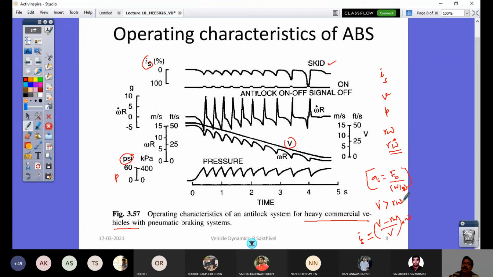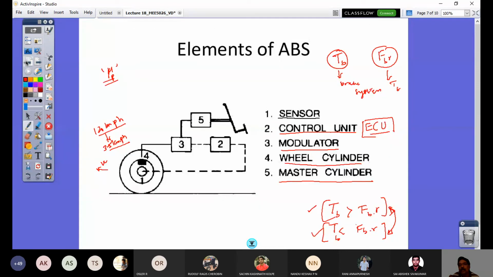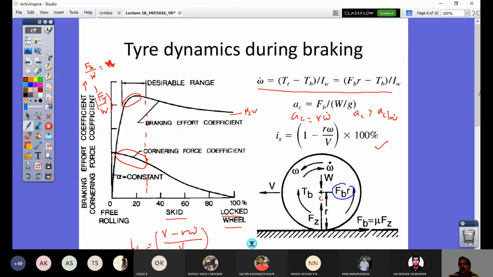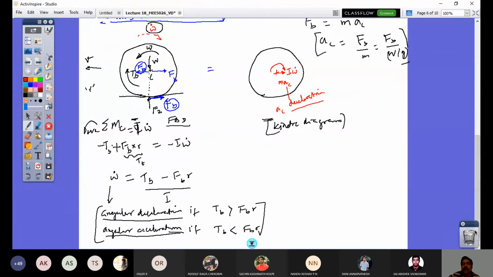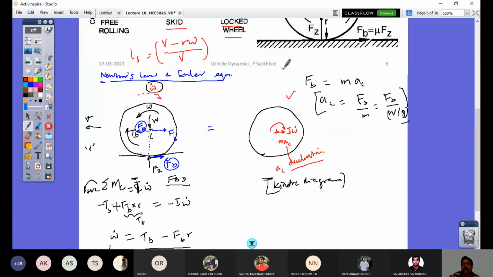AC is coming from the wheel center linear acceleration, and that is from this inertia force, the mass of the rotating wheel, as well as this FB, the braking force that comes, which we have seen in the previous lecture, the free body diagram of the force balance. Let me just show you that. Look at here. So this is the force balance. Sigma F is equal to MA.